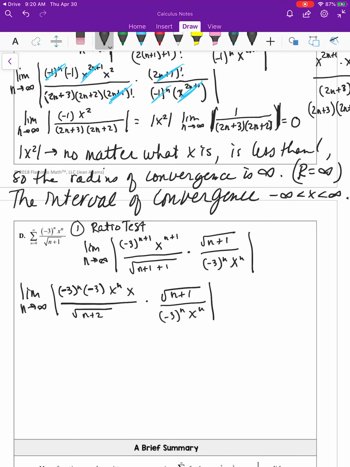You can't really do anything with that, darn it. It'd be nice if we could, but we can't. And now we figure out, okay, what's going to cancel? We've got our negative 3 to the n canceling. We've got our x to the n canceling. And this is going to give us limit as n goes to infinity, absolute value, negative 3x times the square root of n plus 1 over the square root of n plus 2.